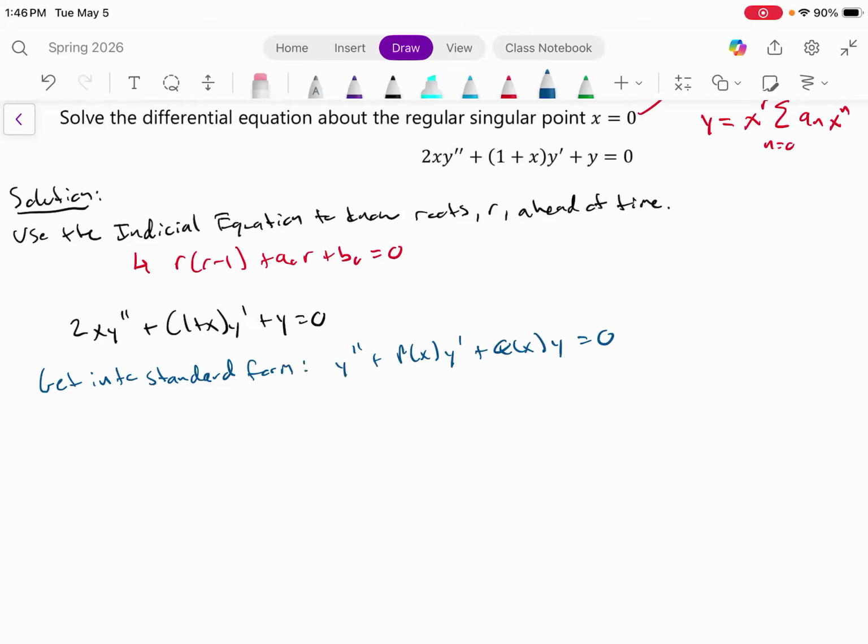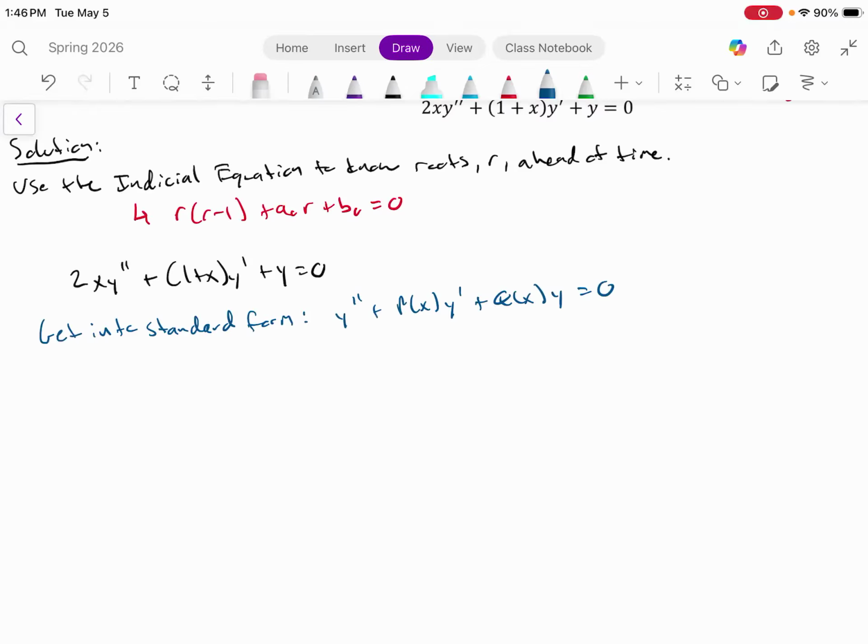That helps us figure out what a naught and b naught are. Okay, so to get this into standard form, we're going to divide by 2x all across. And so what we get is y double prime plus (1 plus x) over 2x y prime plus 1 over 2x y equals 0.